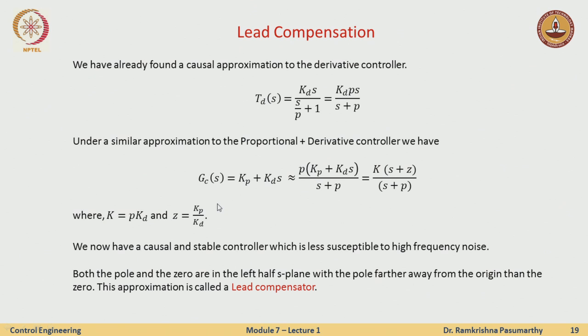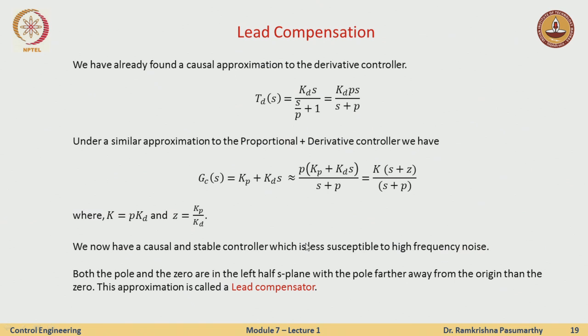Now, again this is causal, this is stable, and it is less susceptible to high frequency noise, because it is not a pure derivative term. So, both the pole and the zero are in the left half plane with the pole further away from the origin than the zero. Now, we will really see why this is true.